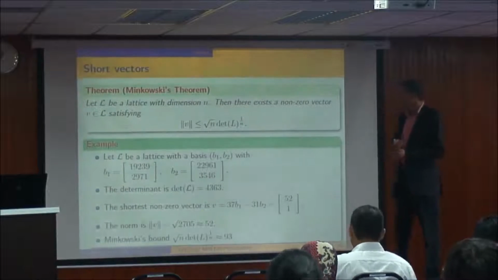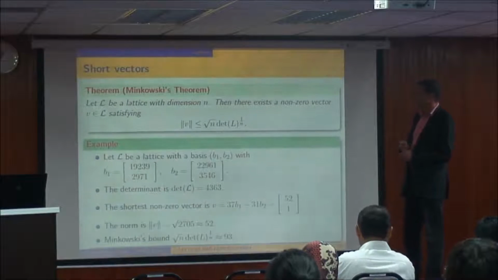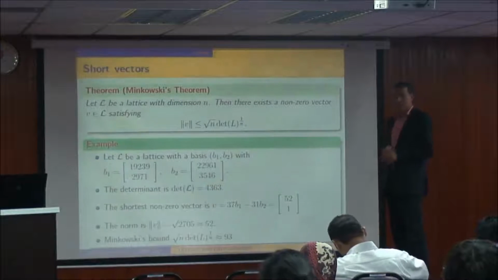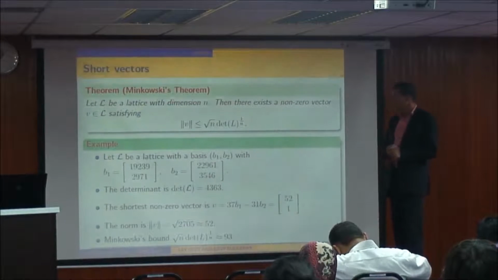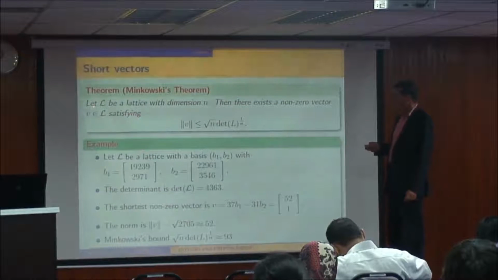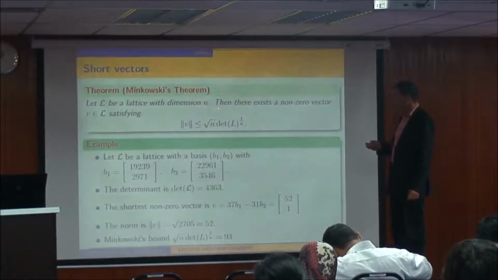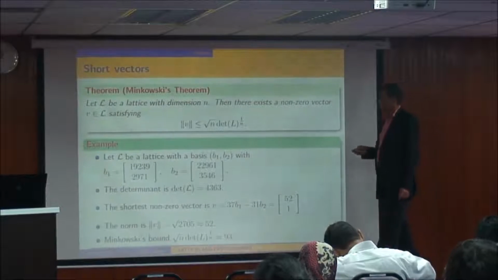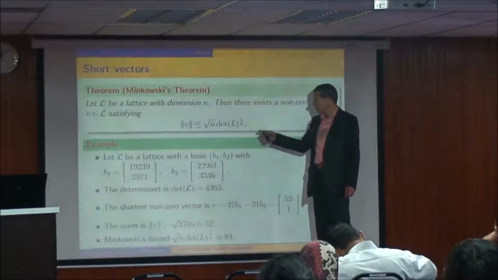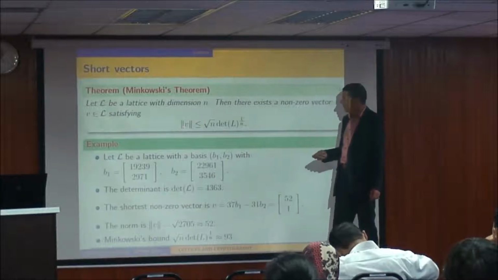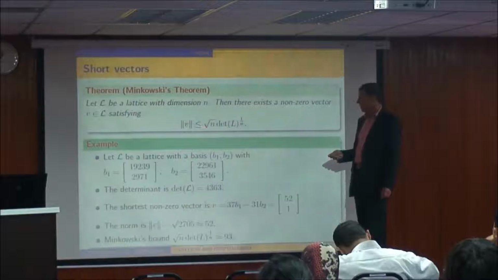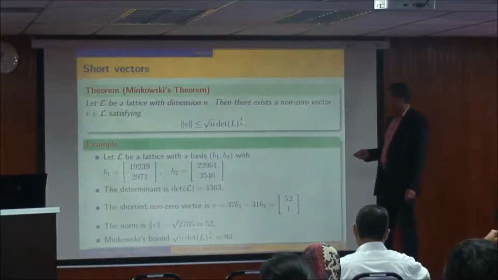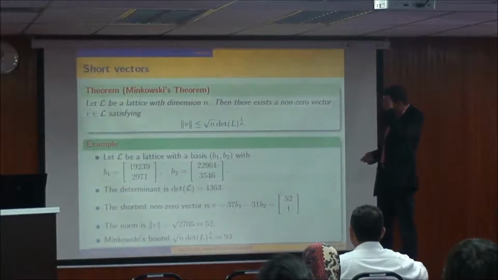Nevertheless, there are some results for finding the shortest vector. For example, this theorem of Minkowski says that when we have a lattice L with dimension n, then there exists a non-zero vector v in the lattice satisfying this bound: the norm of v is less than or equal to square root of n times the determinant of L to the power 1 over n.